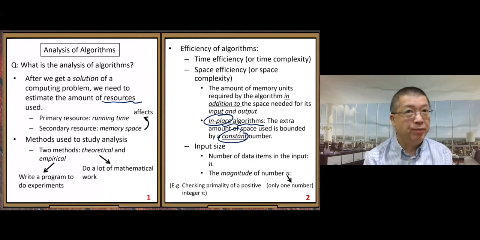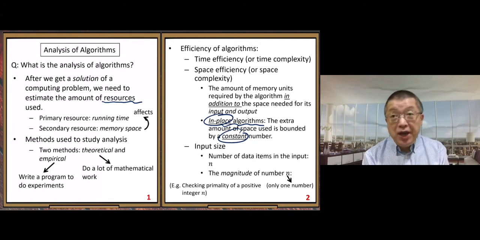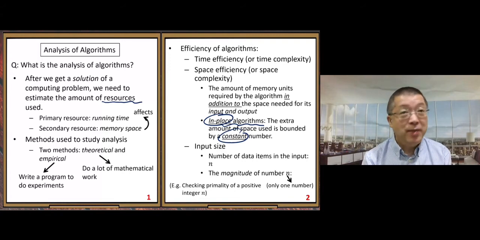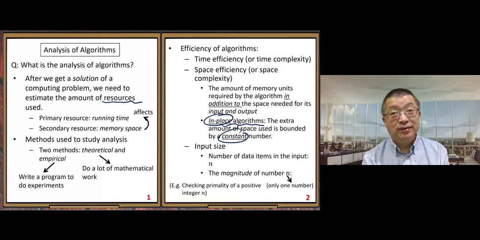Using even a supercomputer, you need many years to get an answer. Is that hard? Many years.